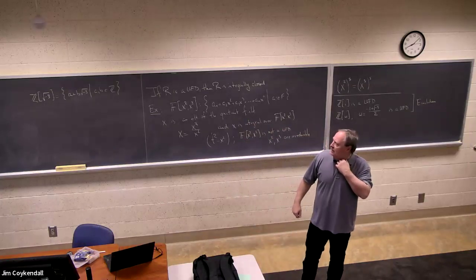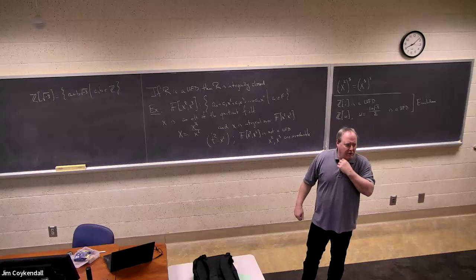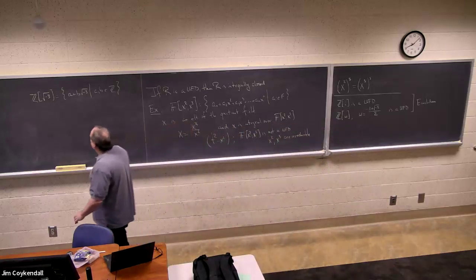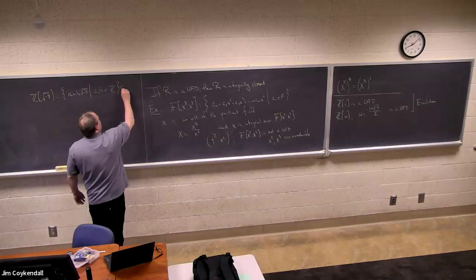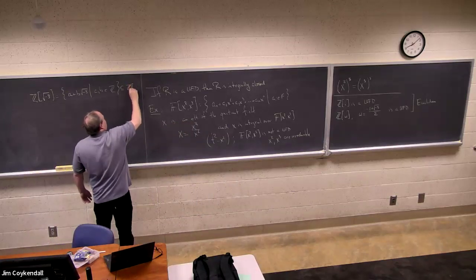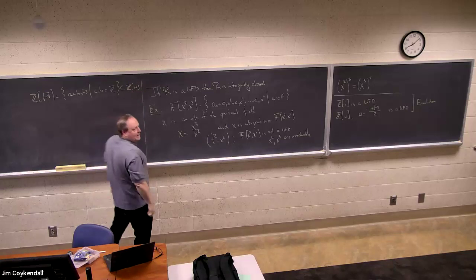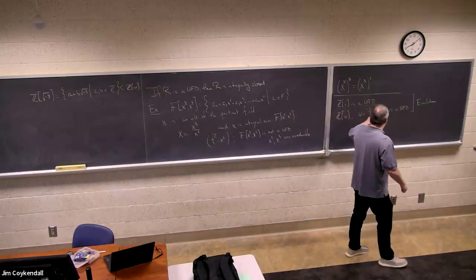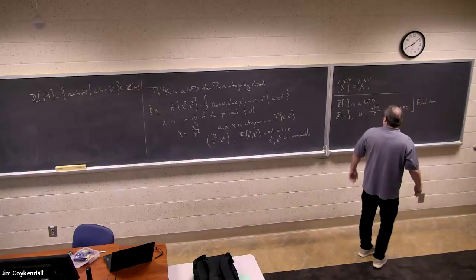This is a really cool example. This is a kind of a weird ring. Notice that this is contained in C omega. Agree? Because you've got this thing in C omega.